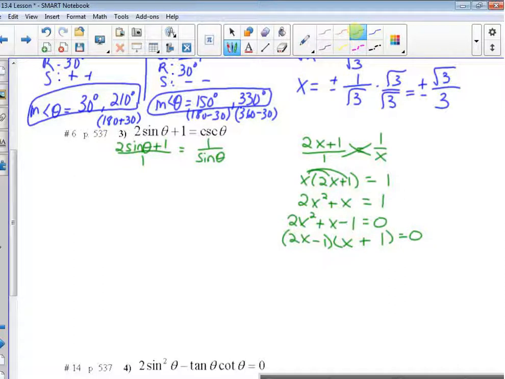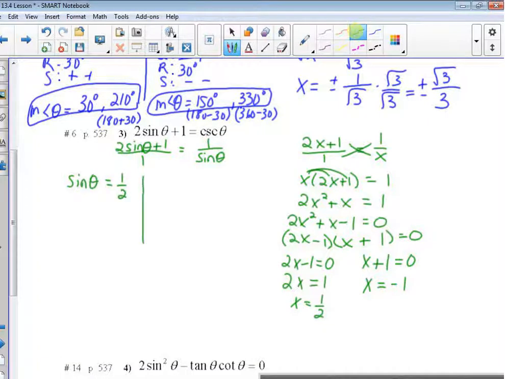So then we would have 2x minus 1 equals 0, and x plus 1 equals 0. So we'd have x is negative 1, 2x is 1, x is 1/2. So it would be sine, not cosecant. So sine theta is equal to 1/2, and sine theta is equal to negative 1.